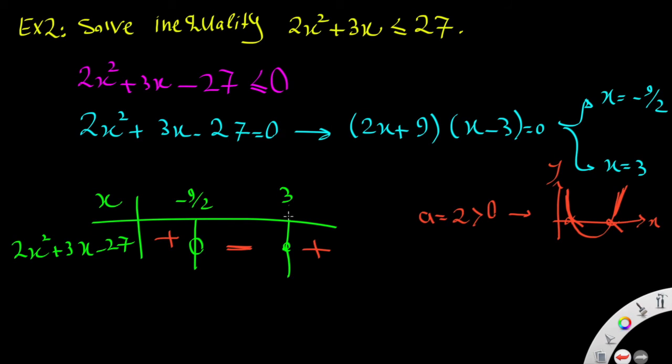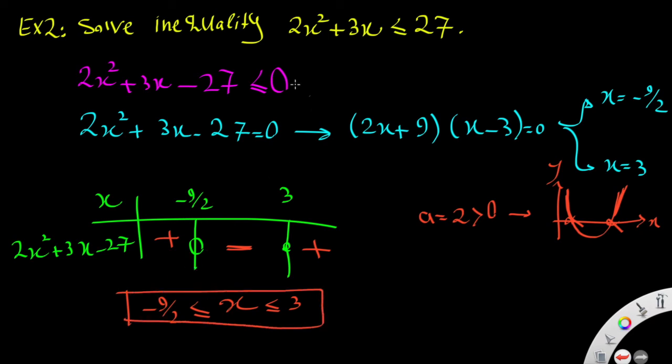As it says equal to 0, it means that these two boundaries are also included. So this is the answer, between negative 9 over 2 and 3, with the boundaries included.